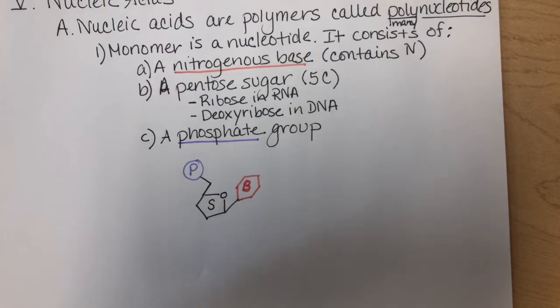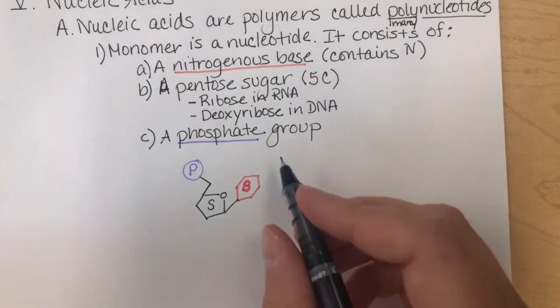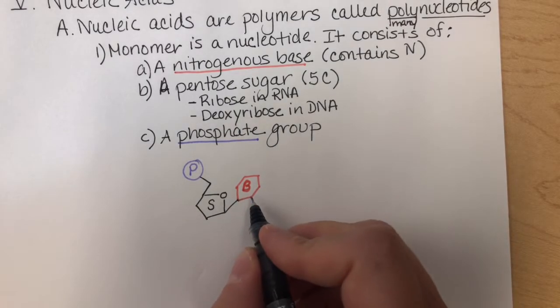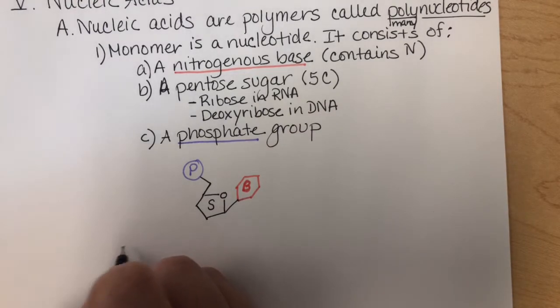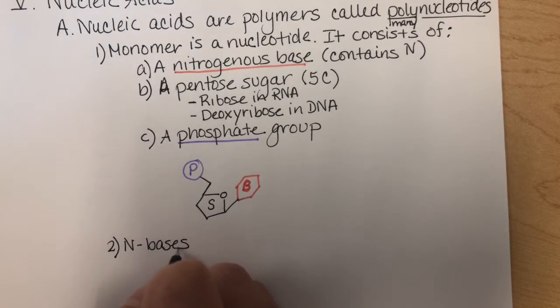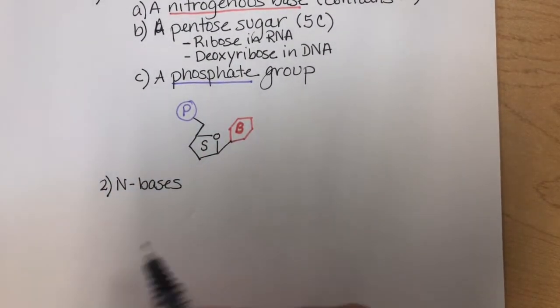So I'm gonna go back to my black pen, all right, and look at this. So the base, it's right here for number 2. The nitrogenous, I'm just going to put N bases instead of writing the word nitrogenous. You can write nitrogenous if you think it's going to be confusing to you.